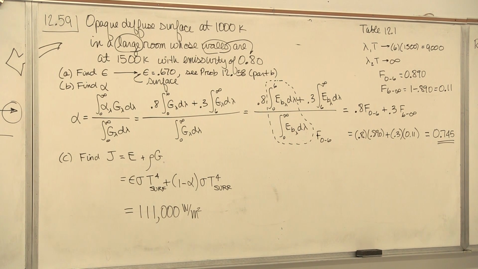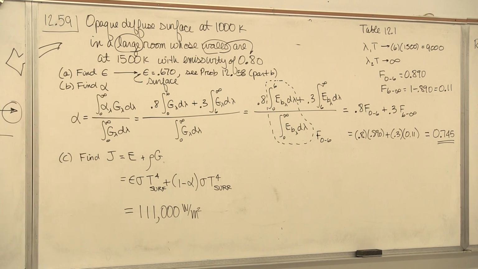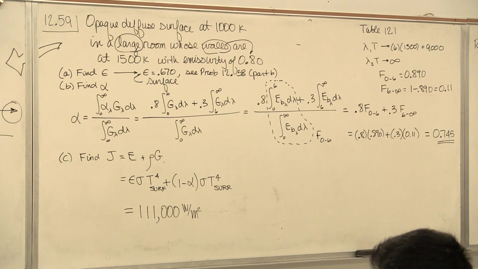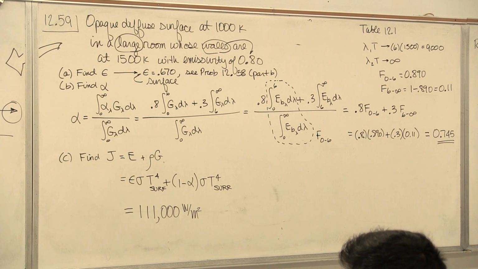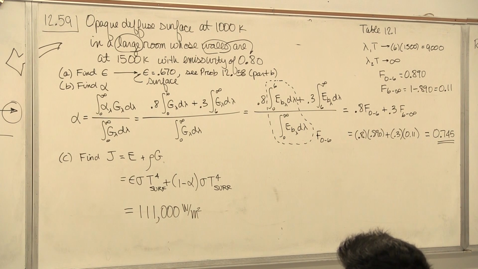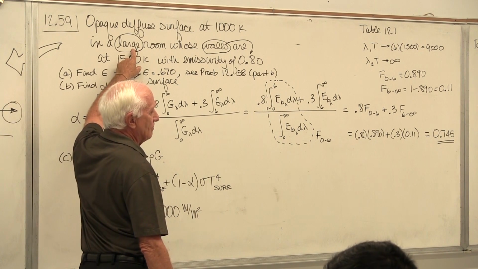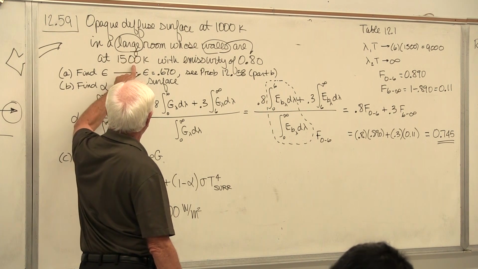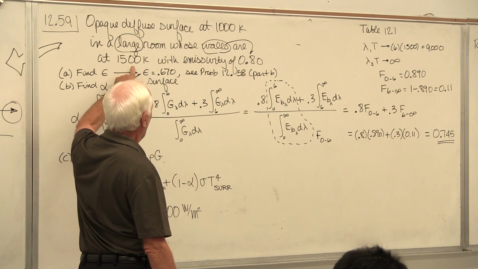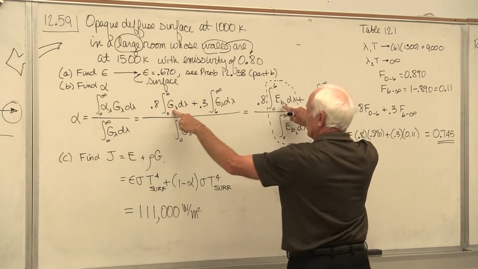No. This problem, they'll give you again a graph of maybe epsilon, maybe alpha, maybe rho, maybe tau. Then they won't give you a graph of the incoming radiation, the spectral irradiation. They'll give you instead the words either a small object or a large room and tell you what the temperature of the walls in the room are. That's when you can replace the G lambda with the E_b lambda.